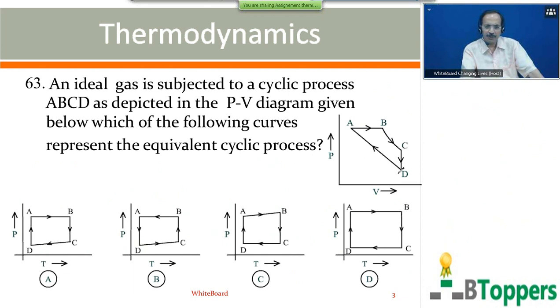The process C to D, volume is constant, but pressure decreases at constant volume, so temperature also decreases from C to D. From D to A, you can observe volume decreases, pressure increases. So the first option is the answer.